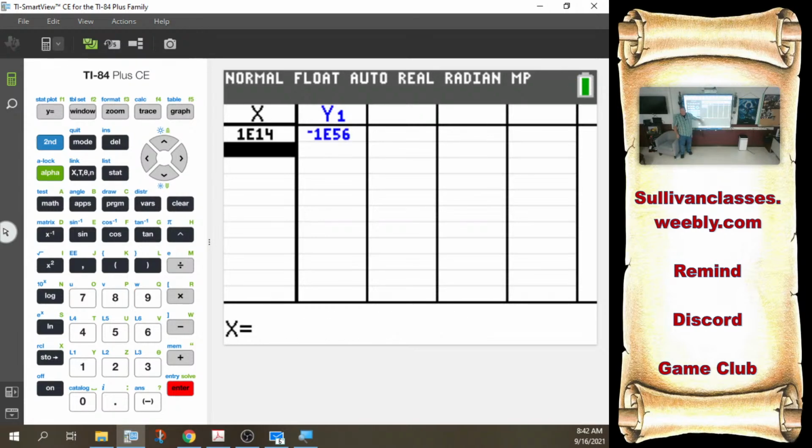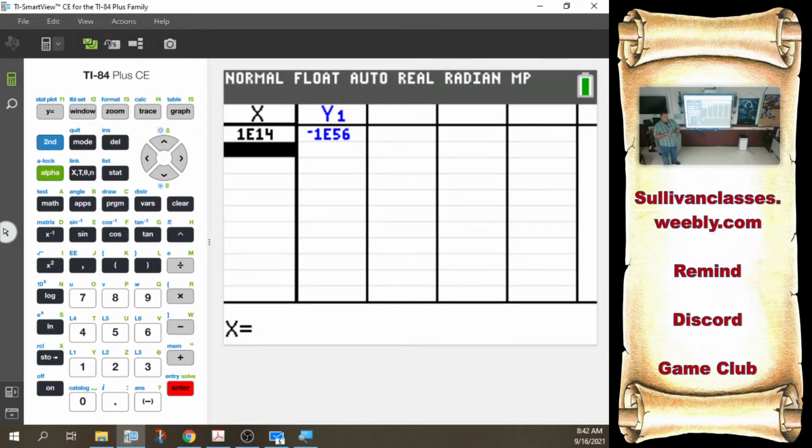What is this number? Negative 1 times 10 to the 56th. That's negative 1, 55 zeros. What is that? Insanely negative. That's like halfway to Taiwan. Okay, just keep digging. So I would just say negative infinity.